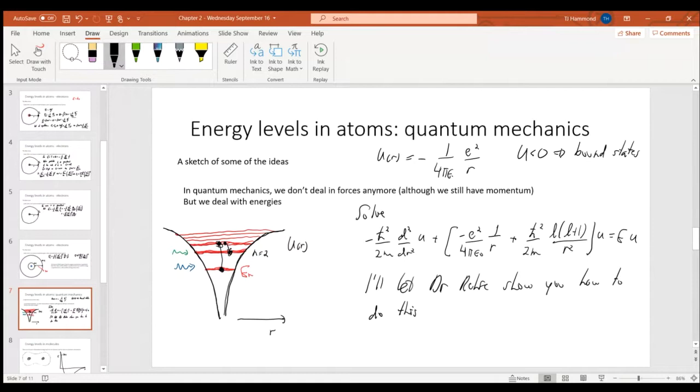So it went from n equals 1, this ground state, up to n equals 2. And we've done that by this transition with these different photons. So that's where these electronic transitions come from in an atom: we have these discrete quantized energy levels due to the Coulomb potential.